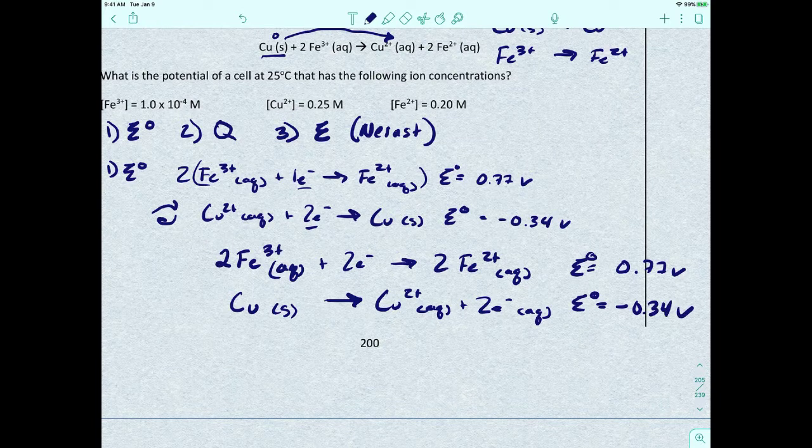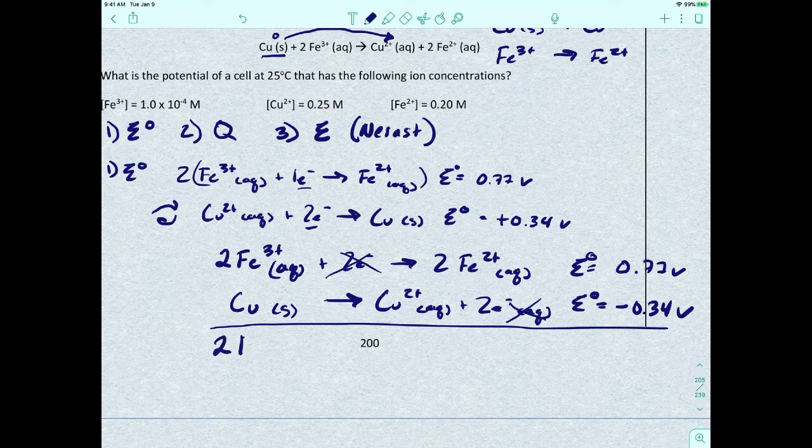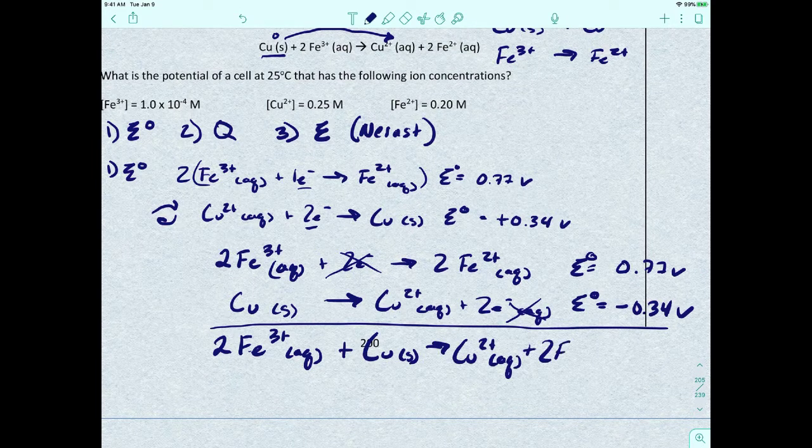I just noticed from my notes that when I brought this equation over, I already made it negative. In the table, it's a positive. So if you're wondering what's going on, I kind of goofed. Sorry about that. Now that we've got the 2 electrons, we can cancel those out and add up the two half reactions to get the full equation: 2 moles of Fe3+ plus solid copper yields copper 2+ and 2 moles of iron 2+.